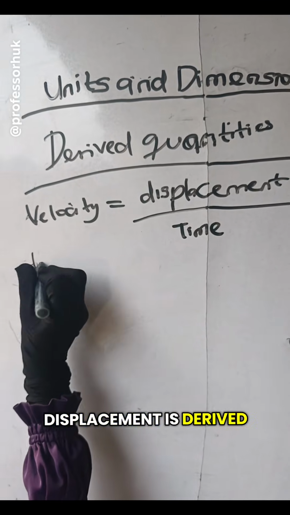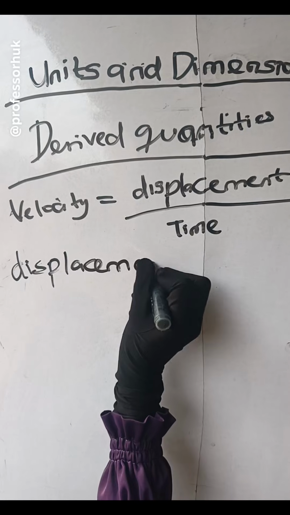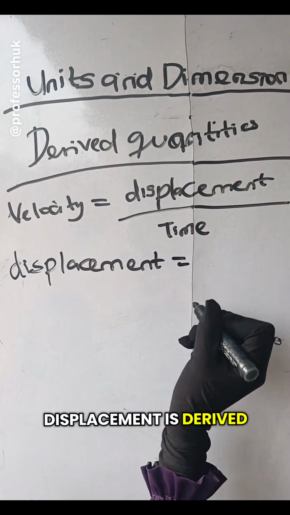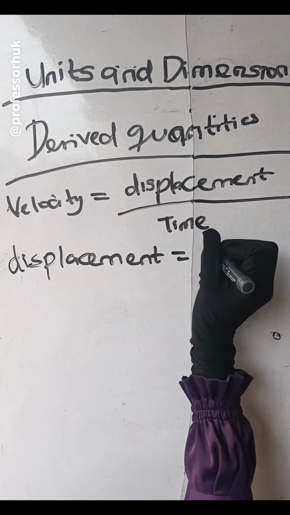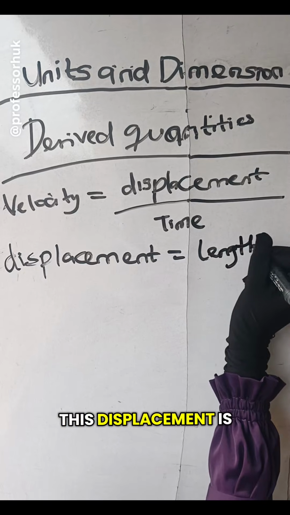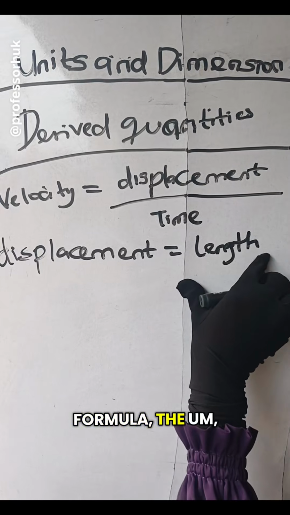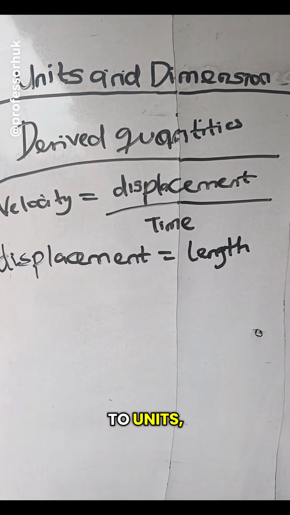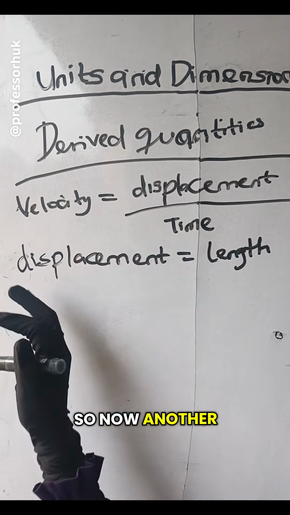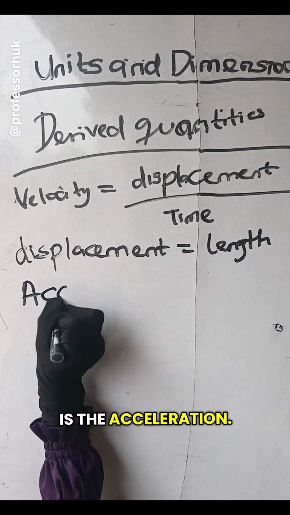Displacement is derived from length. We've not gotten to units yet, don't worry, we'll get there. Now another derived quantity that we have is the acceleration.